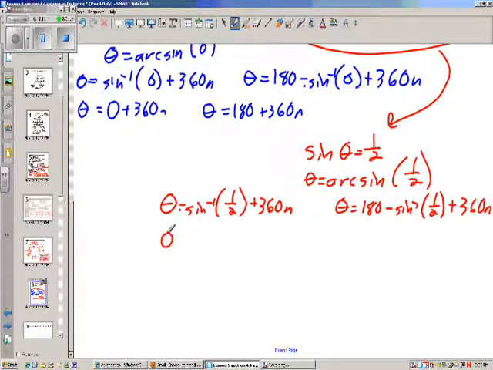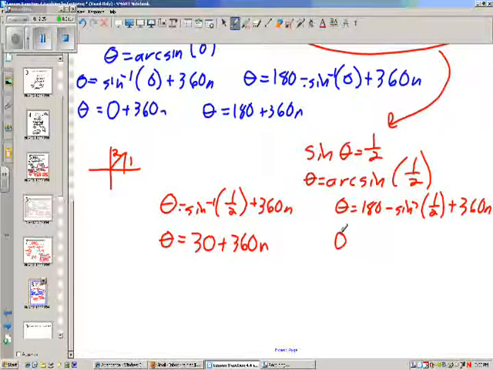Now the inverse sine of 1/2, that's going to be 30 degrees. And 180 minus 30 degrees is 150.